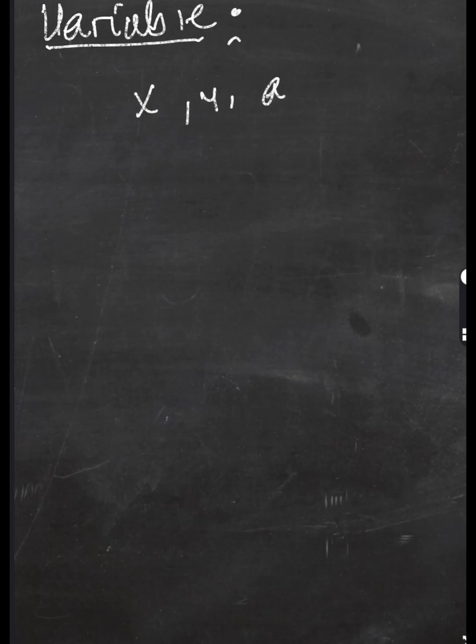For example, if I have 2 plus 3 is equal to 5, if I don't know this 2, what number do I add that gives me 5? That unknown number is called a variable.